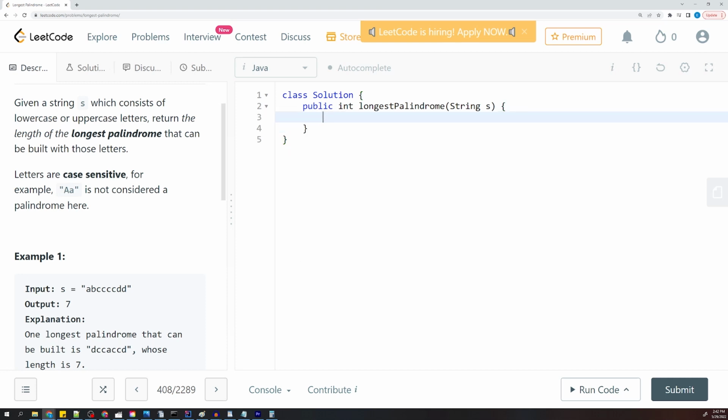Okay, so what we're going to do here is we're going to create those buckets. And basically, when I say buckets, we're just going to have an array. And so int characters. And so one thing we could do here is we could start our array at 0.